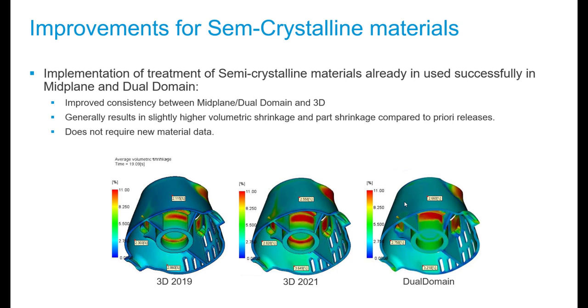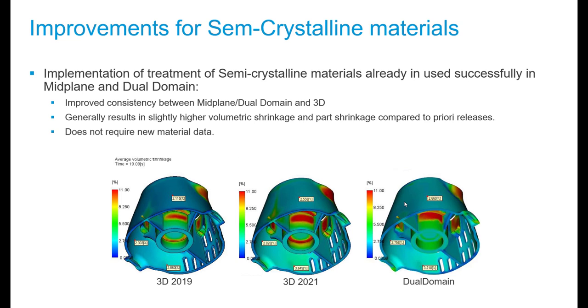We've had this behavior in the mid-plane dual domain solver for a long time, and now we're adding that same behavior in the 3D code. And we expect that across the board to give us more shrinkage than before, as well as an improved warpage prediction.